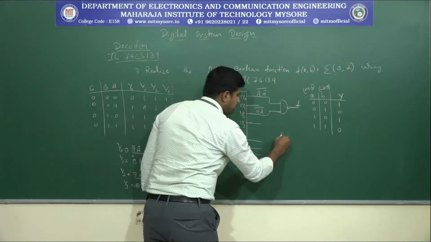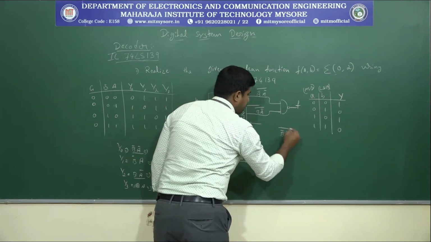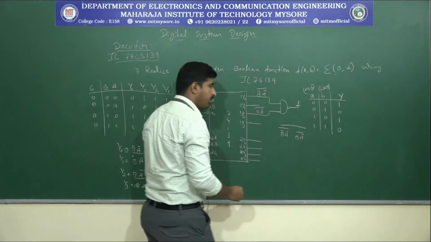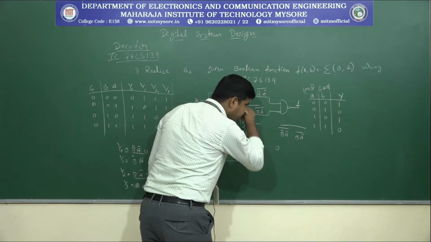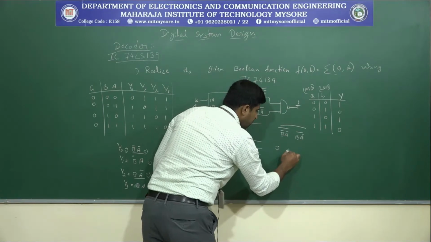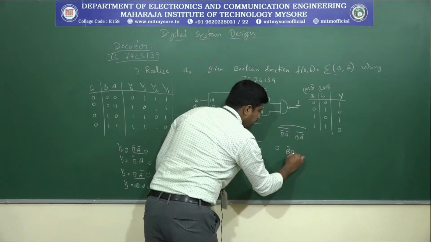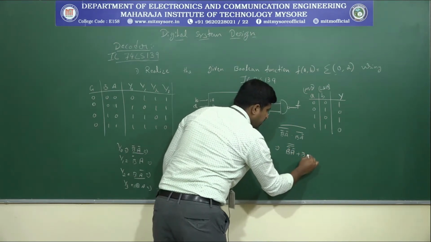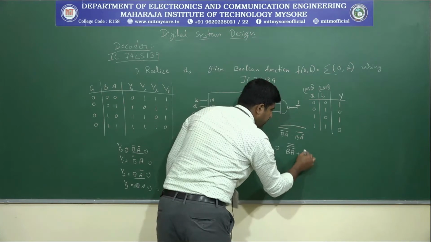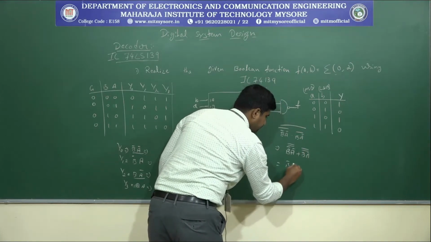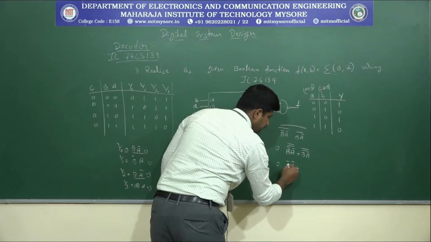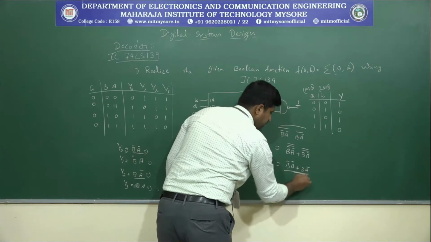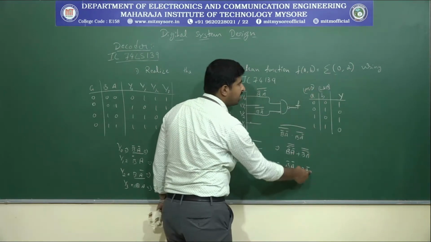Okay, when we NAND together, that is B bar, A bar, enable bar, and B, A bar, enable bar, and if you take the complement and simplify, what we are going to get here is B bar A bar plus B A bar. So this is the given equation, 0 and the 2.